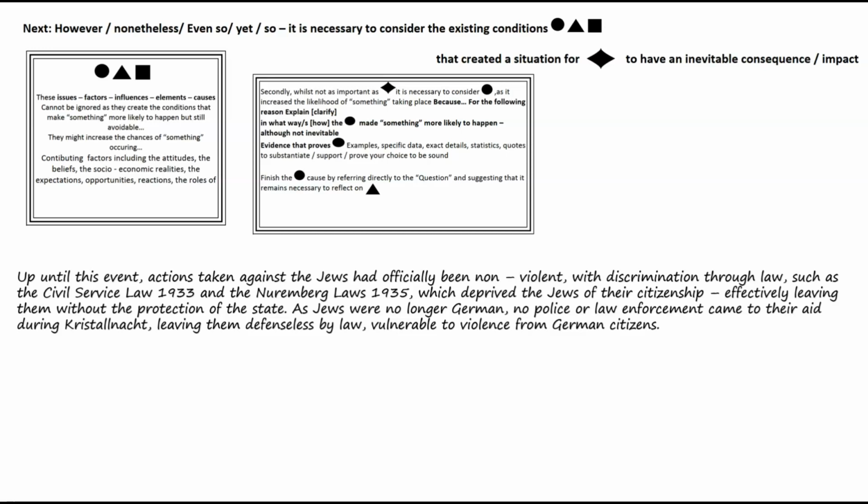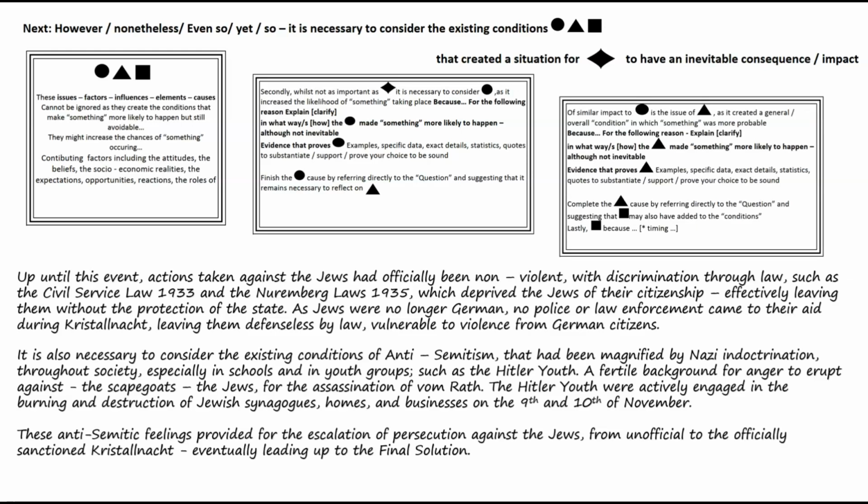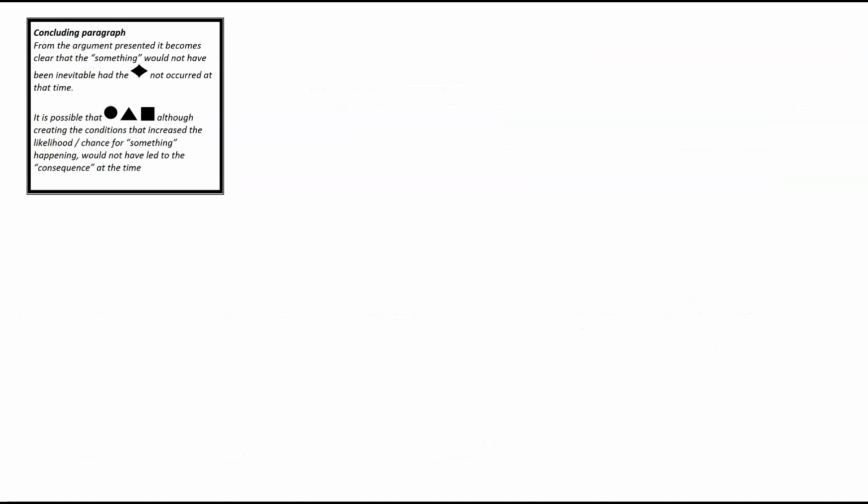They were basically defenseless, vulnerable to violence. And the anti-Semitism I put in there, and the feelings provided for the escalation of persecution from unofficial to the officially sanctioned Kristallnacht, which eventually led to the final solution.